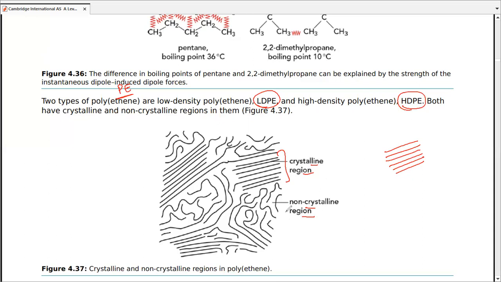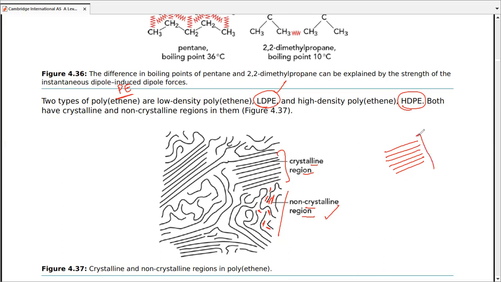On the other hand, non-crystalline regions are not straight, they are not well-shaped or similar shaped. Hence, the number of contact points in them are very less as compared to the number of contact points between the crystalline region. So, LDPE has more non-crystalline regions. That's why it has a lower density.